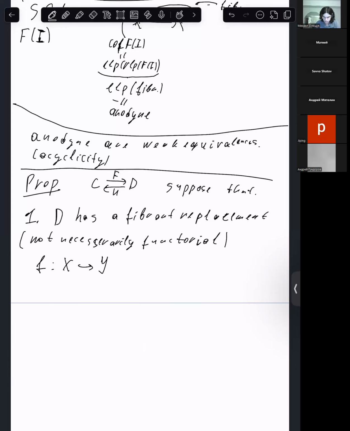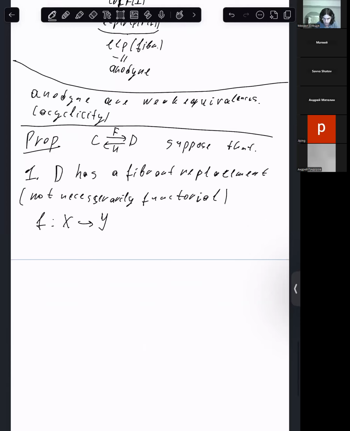If we have a morphism from X to Y, a fibrant replacement, let's call it R. So we have the diagram of this type, RF.